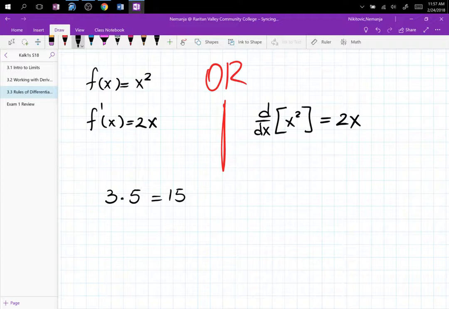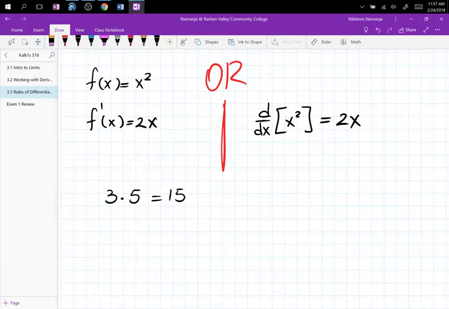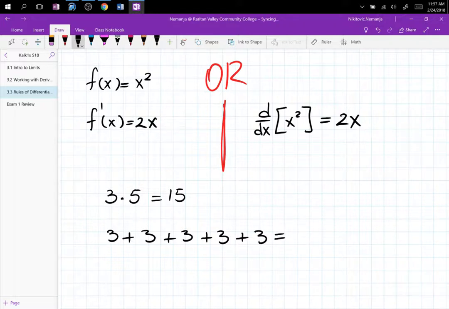If we didn't have this, your alternative to computing is 3 plus 3 is 6, plus 3 is 9, plus 3 is 12, plus 3 is 15.